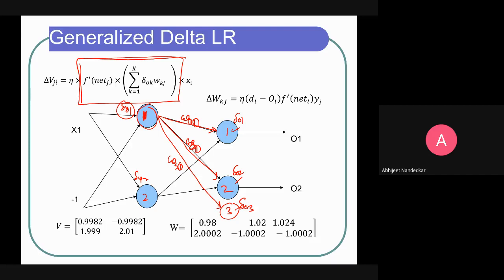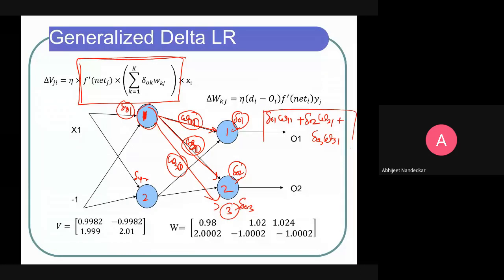So W11, W21, W31 are these connections. Now what we have to do: take this delta O1 multiplied with W11, plus delta O2 multiplied by its weight W21, plus, suppose there is delta O3 multiplied by W31. Once you add all this, this will be delta Y1.